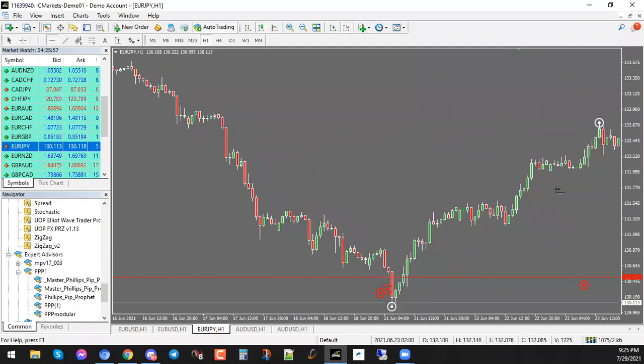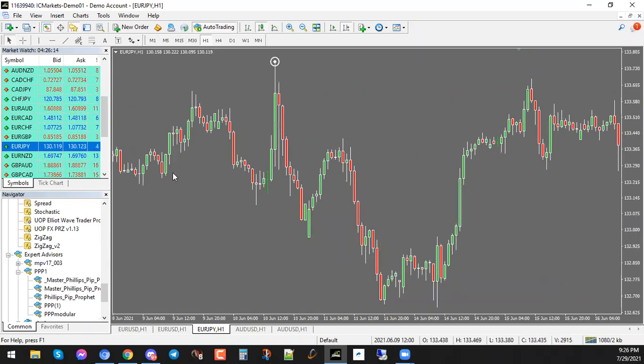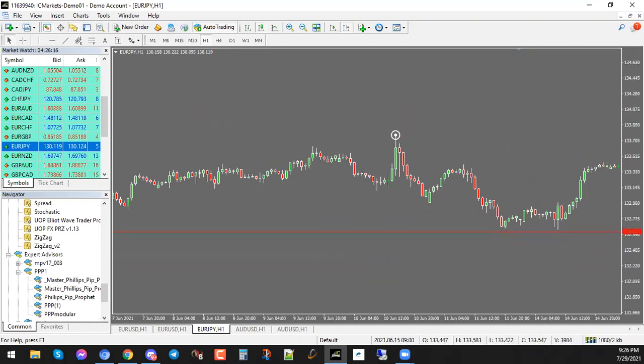So if I wanted to get involved in this trade, place my resistance line. You can see I'm getting tested over here. So this is telling me that this is a valuable resistance area. Okay. If I go back here, you can see another valuable resistance area.